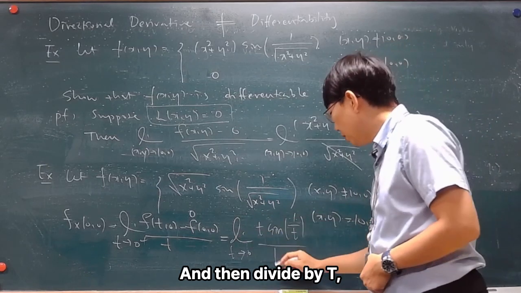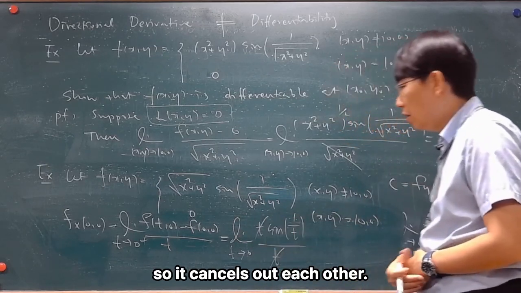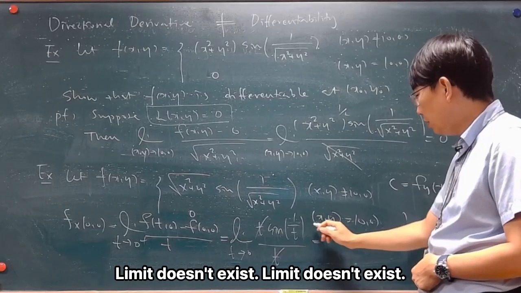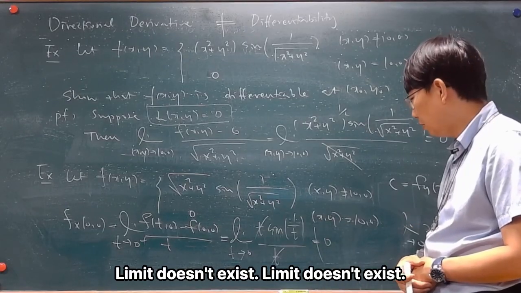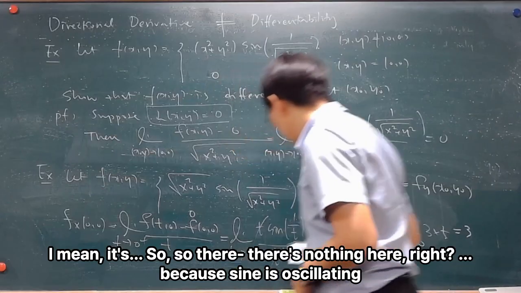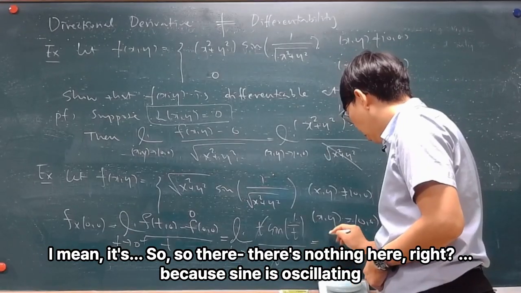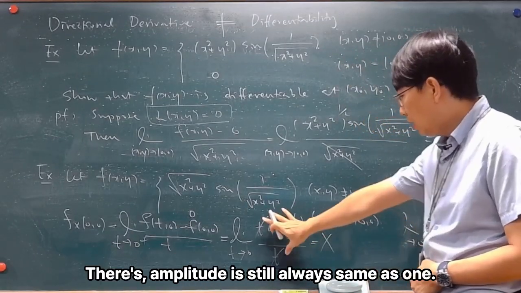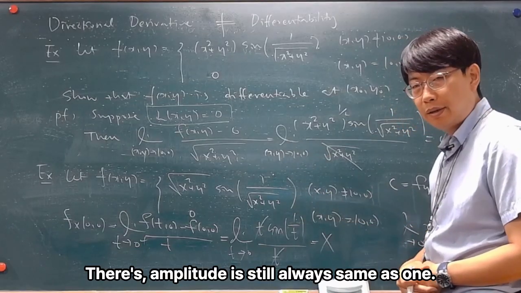And then divide by t, so it cancels out. I have this, right? So what is the limit? The limit doesn't exist. It's not even 0, because sine is oscillating from -1 to 1. The amplitude is still always the same, 1.